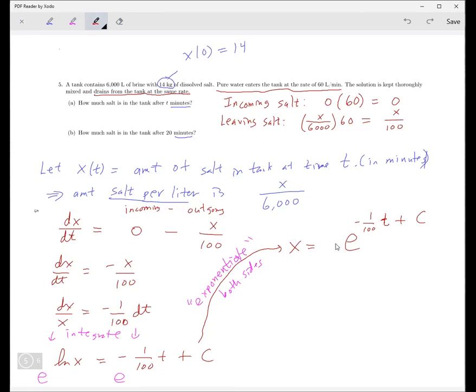Now, if you look at this right here, this is e to this plus that plus that: negative t over 100 plus c. It's the same as e to this times e to that, e to the c. And e to the c is just another constant.